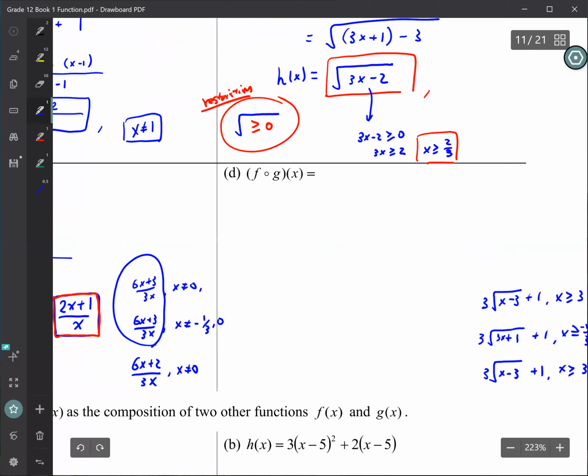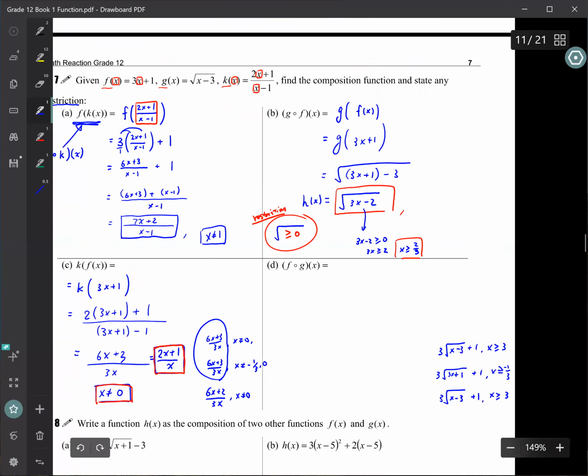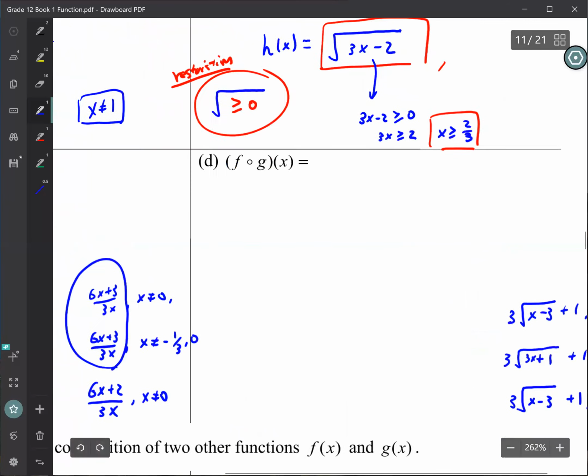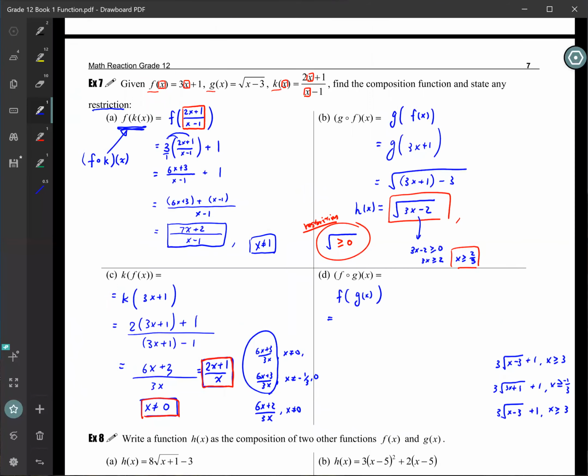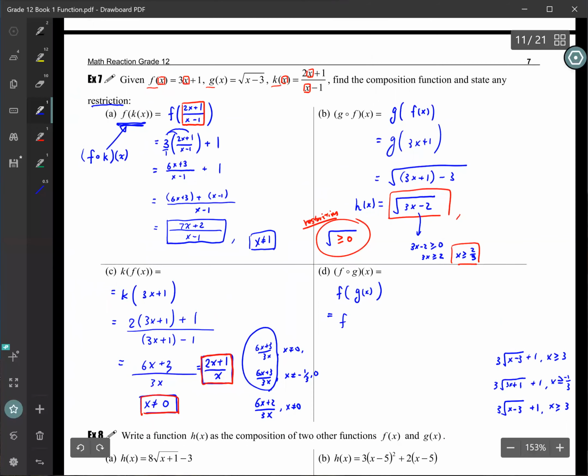So f of g, right? This symbol, make sure you can rewrite it. It means the f is outside, g is on the inside. So g of x we have is a square root, right? So it will be f of root x minus 3.